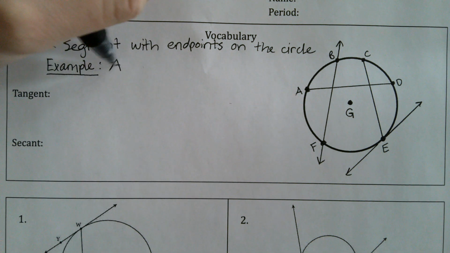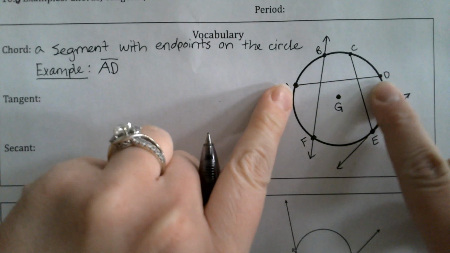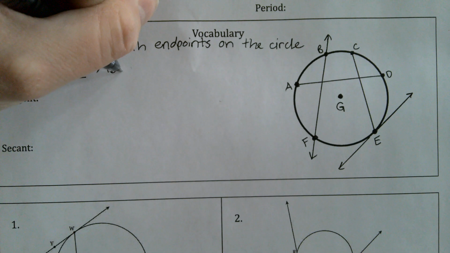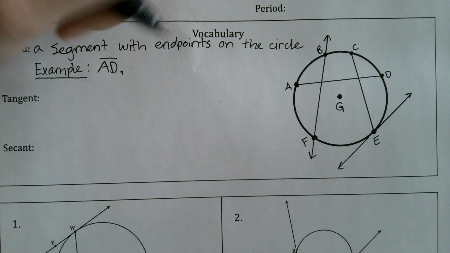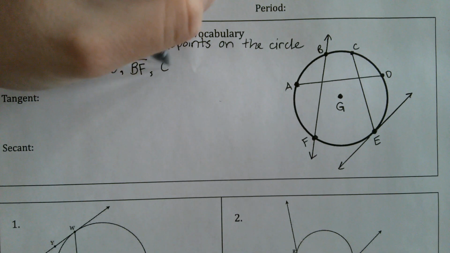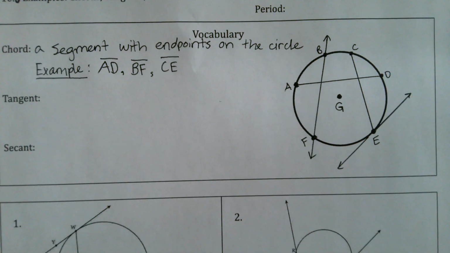One chord example is AD. So it's a segment and then the endpoints are on the circle itself. That's how you know. So we have AD and then we have BF and C. So those are all the chords in the circle.